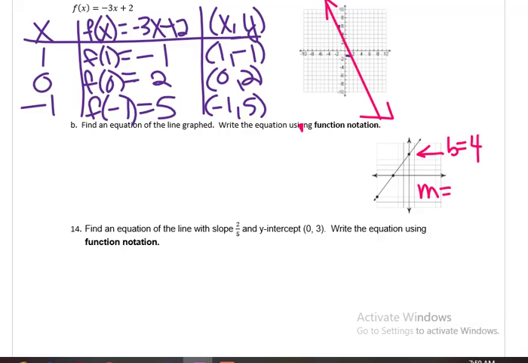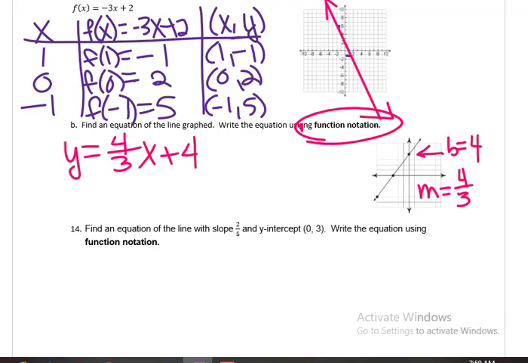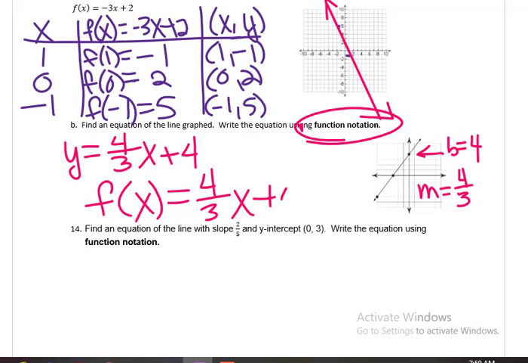So I go up 1, 2, 3, 4, and then I would shift over 1, 2, 3. So just counting out the slope, I will see that my equation would be 4/3 x plus 4, but it specifically says function notation. So I will write this as f of x is equal to 4/3 x plus 4, and the y equals f of x as well. So we just replace the y with f of x.